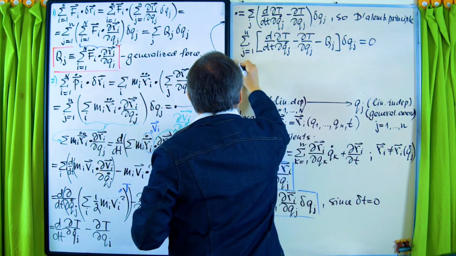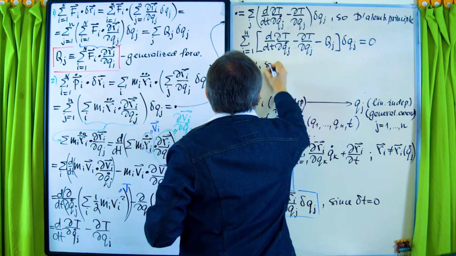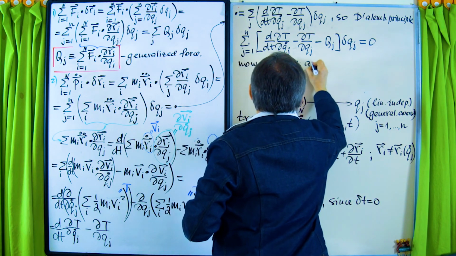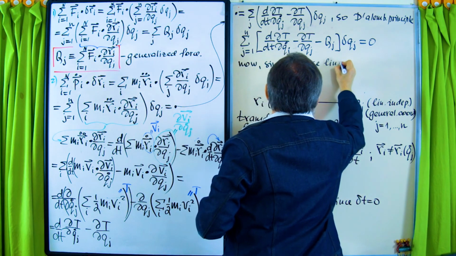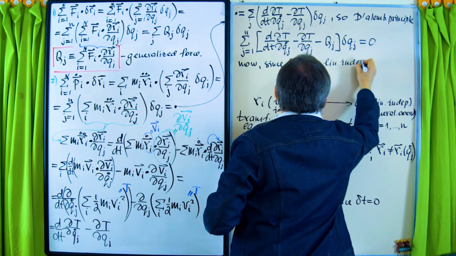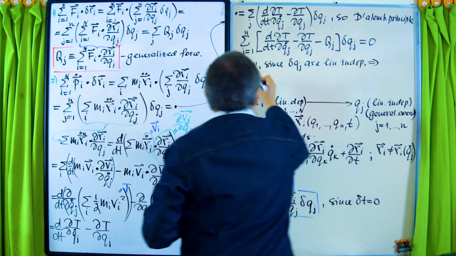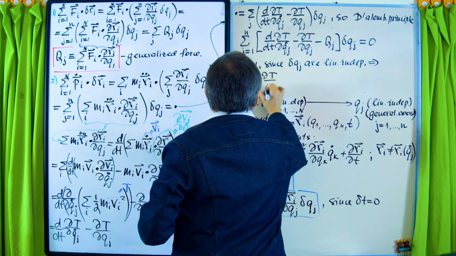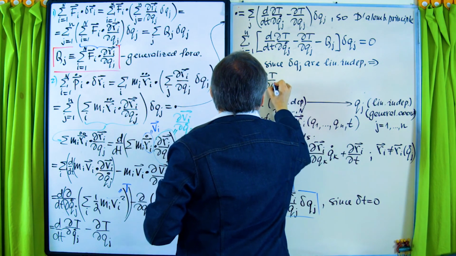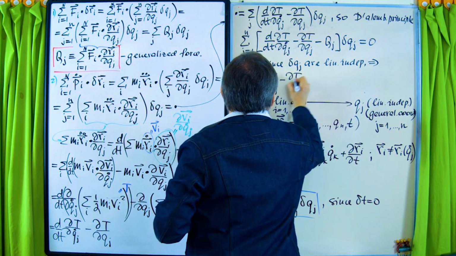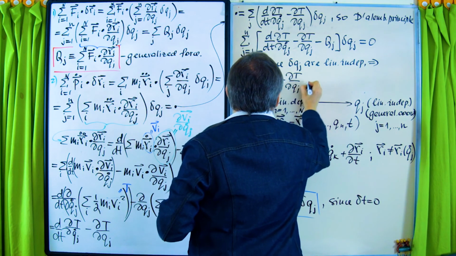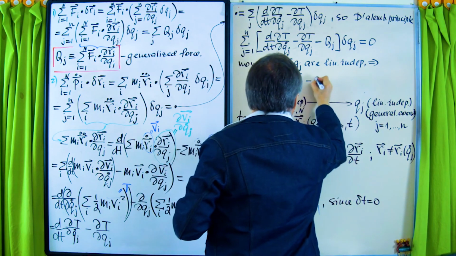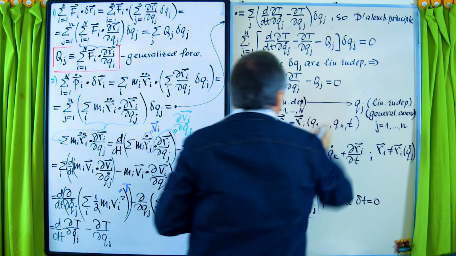So now, since delta qj's are linearly independent, we can write that d over dt partial derivative of T with respect to qj dot, minus dT over dqj, okay, let me write with minus Qj, equals 0.